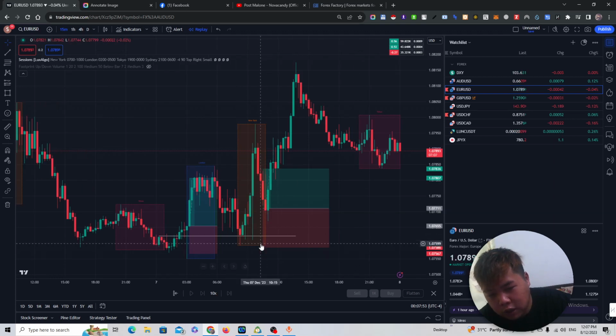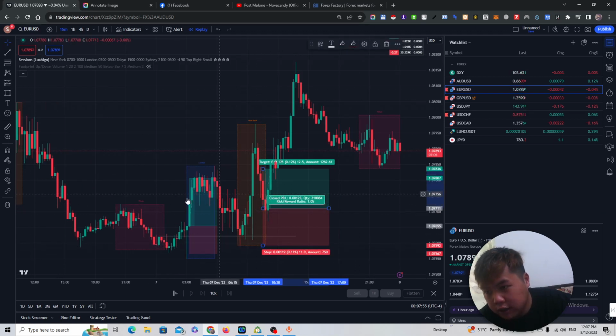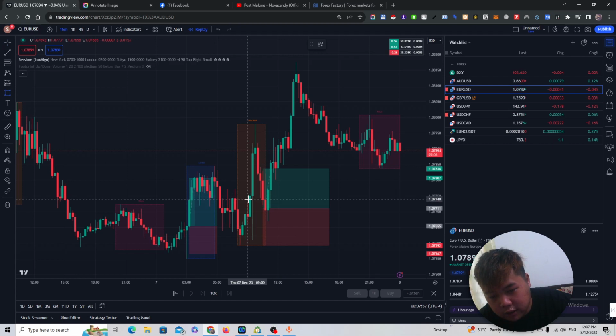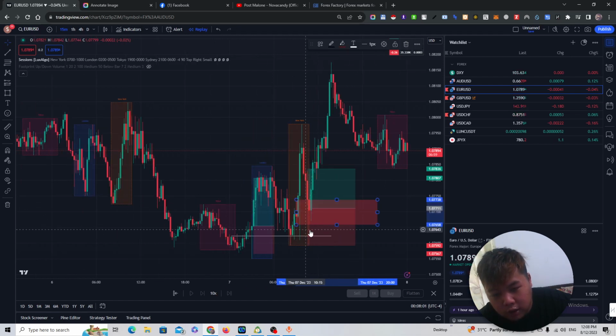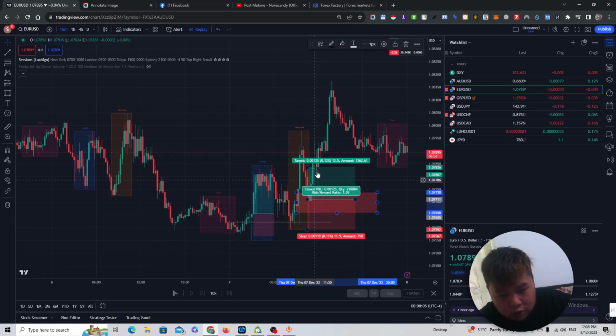The reason for me to enter here is actually simple, because there's an order block here, a rejection block, right? I already know my bias today was bullish, so I was aiming for longs to take my order.